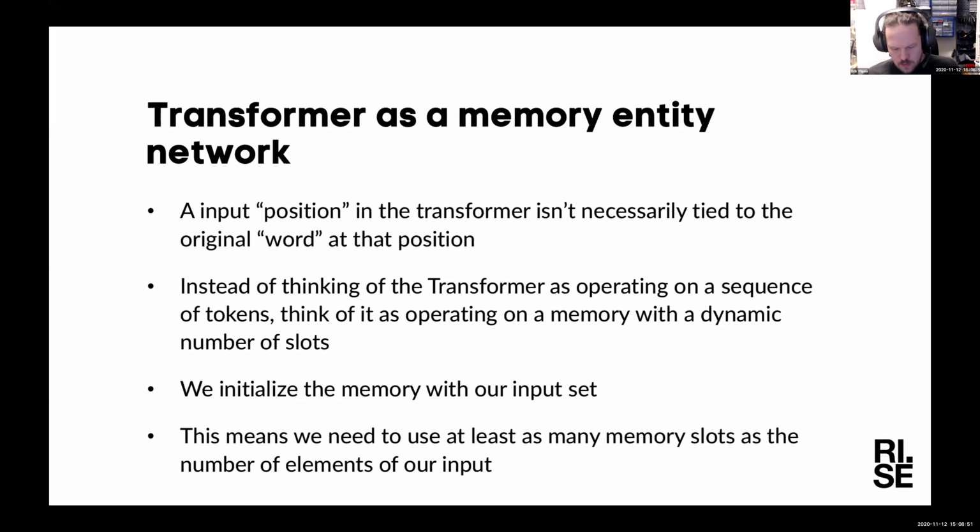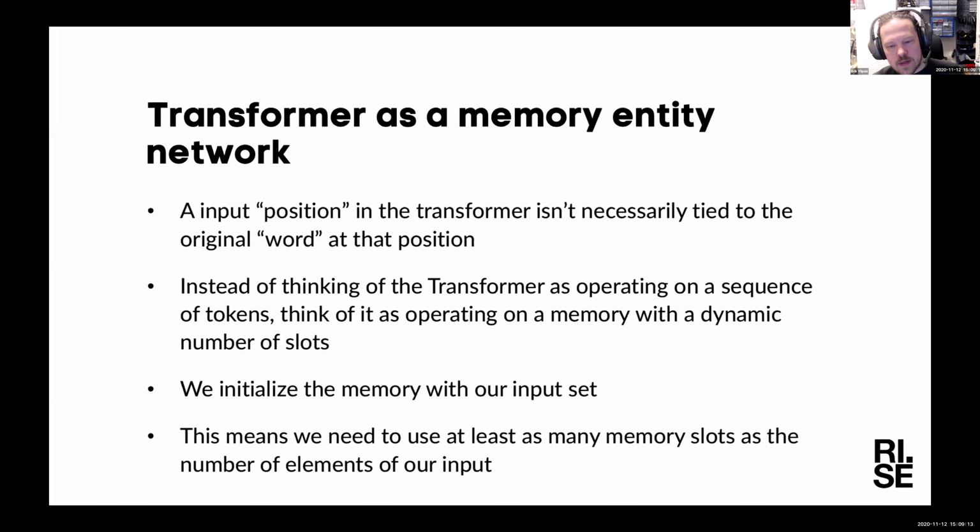So often transformers are portrayed as sequence models. I like to go away from that. A different way of looking at transformers is as a memory model, where we have a dynamic memory and a mechanism which operates on this memory. So it reads from the memory and updates the memory.